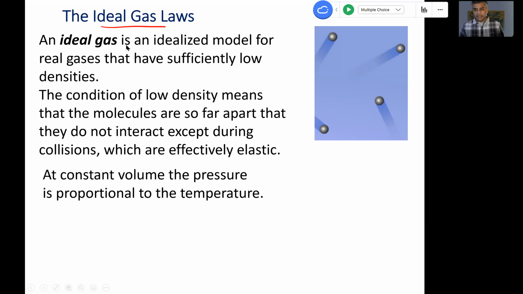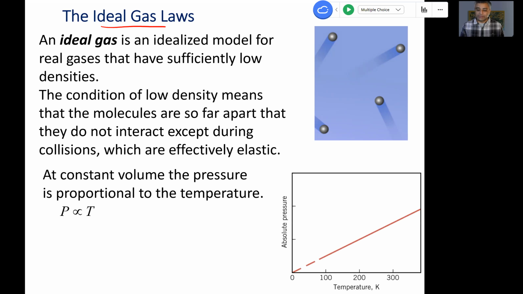So when we have an ideal gas like that, and we try to change pressure, volume, and temperature one by one, remember in science we do experiments controlling the variables. What we find is that if we keep volume constant and just change the temperature, pressure changes proportionally.